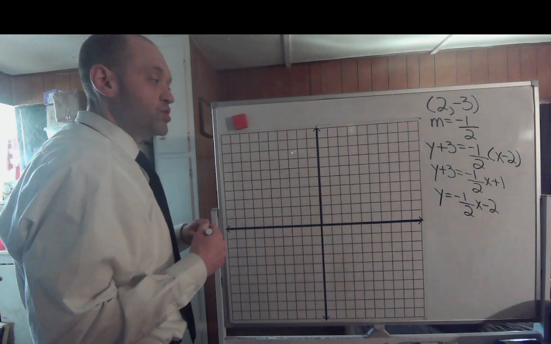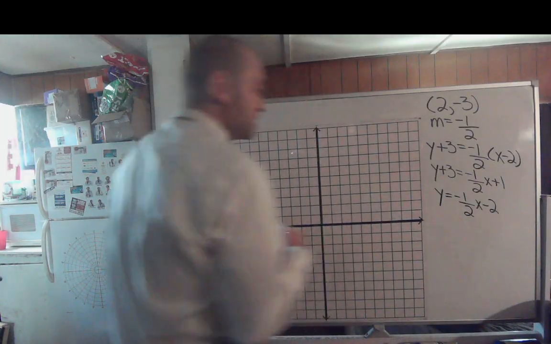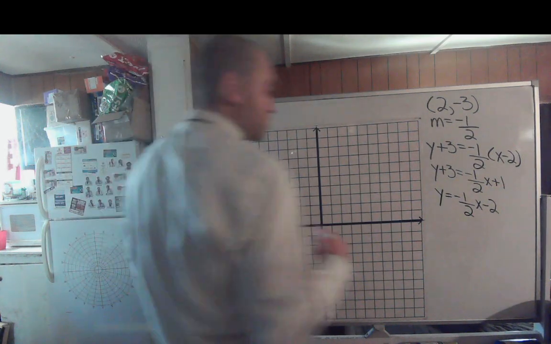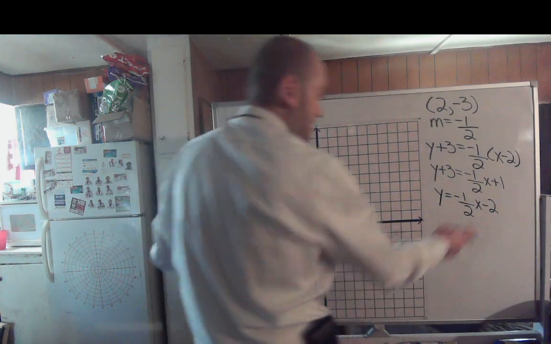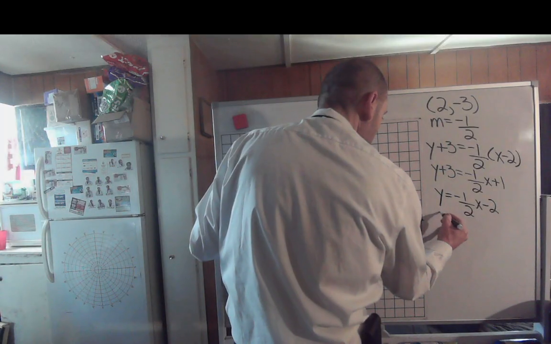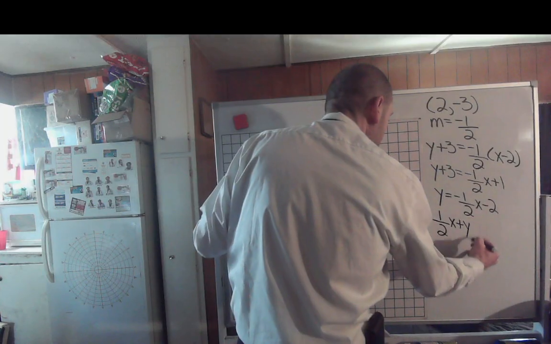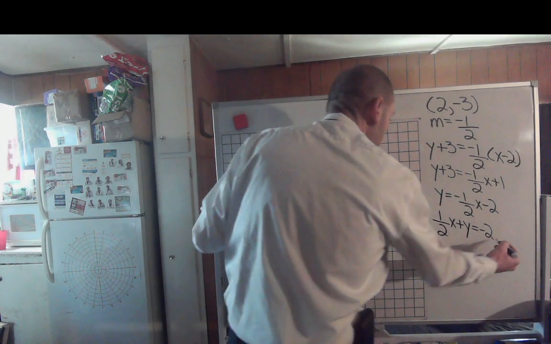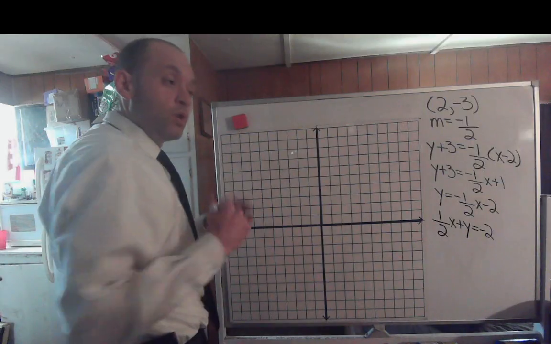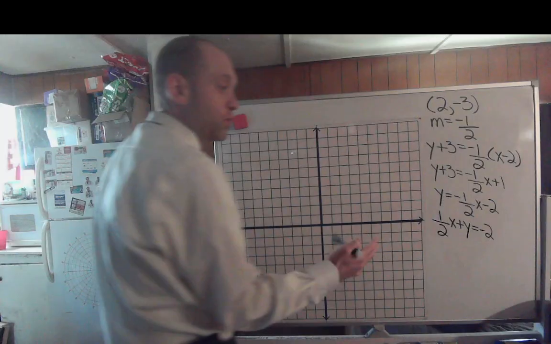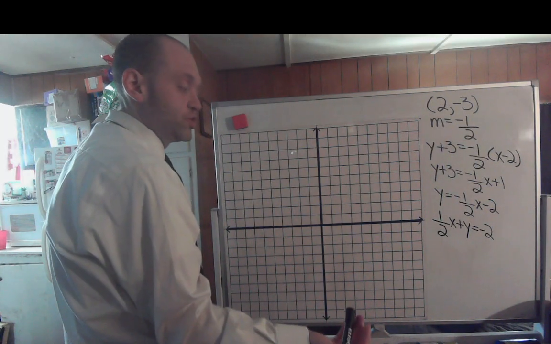So get your constant term on one side. So this would turn into 1/2 x plus y equals -2. But if you want it in general form, you have to have integers for your x and y coefficients.